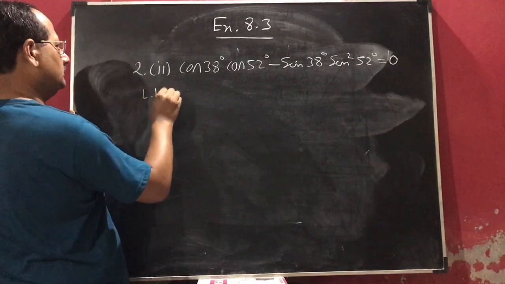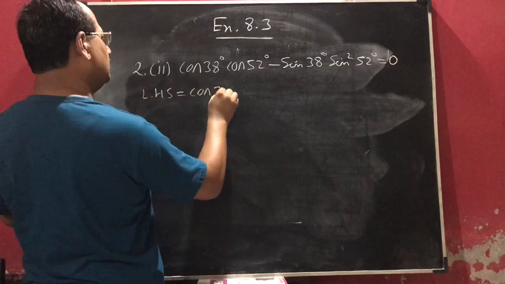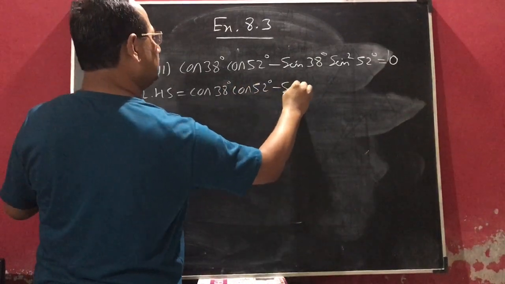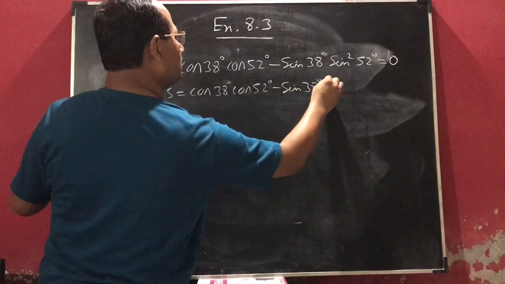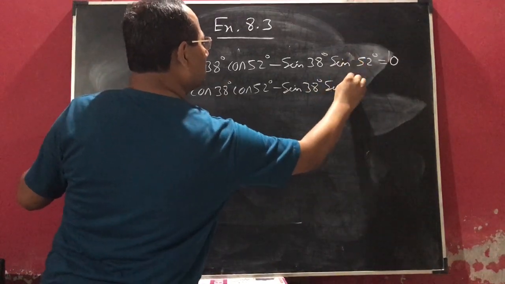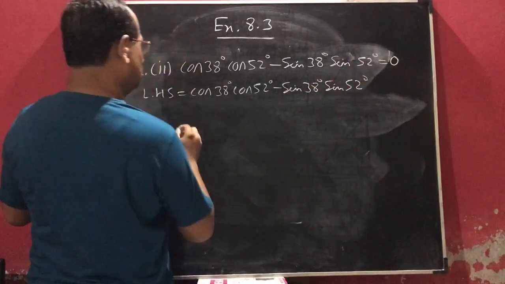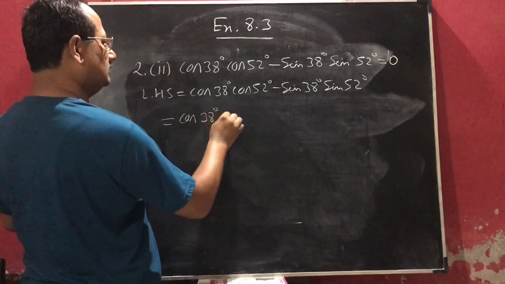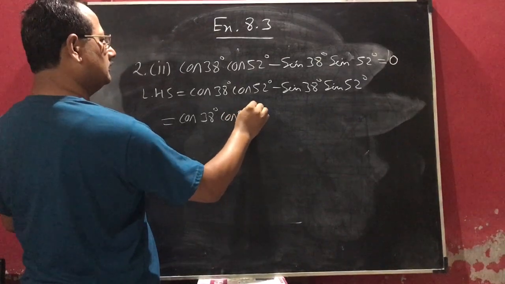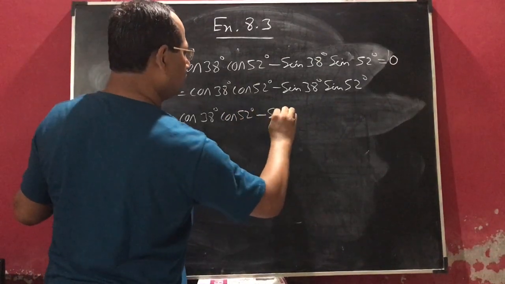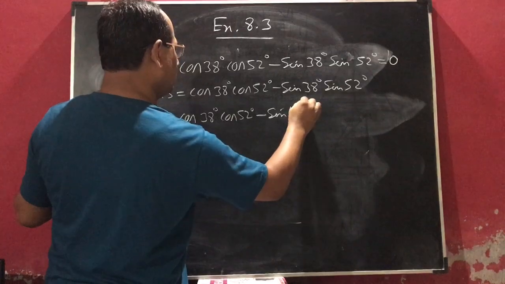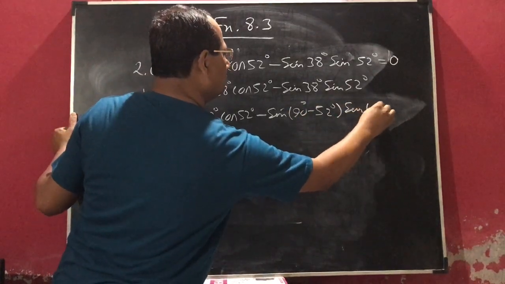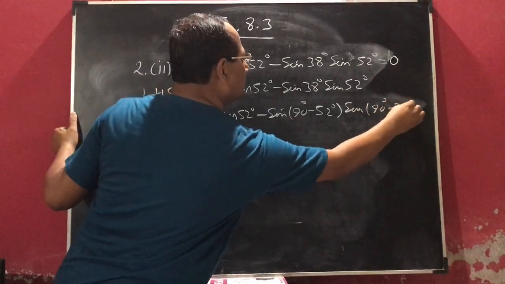Take the left side: cos 38 degrees, cos 52 degrees minus sin 38 degrees, sin 52 degrees. The sines are written as sin of 90 minus 52 degrees and sin of 90 minus 38 degrees.